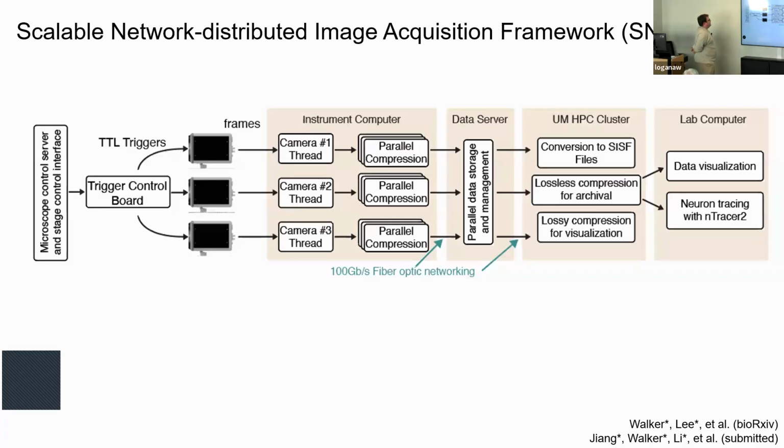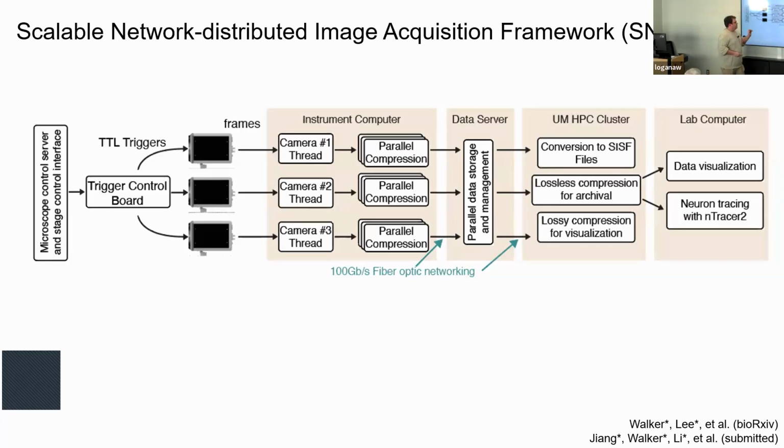So the idea here is that you have all of your electronics that are controlling the experiment, and that's sort of happening externally. And then you have all of the cameras that make up your microscope. Each one is capturing one frame at a time. Those different frames go into one computer that is running the Cameraman software that I just showed you a moment ago. And each one has a bunch of compression worker threads that are sitting there collecting up the data, compressing it, collecting it, compressing it, that sort of thing.